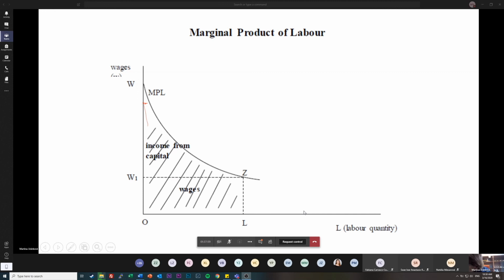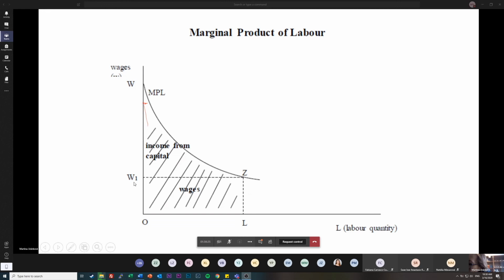This is the first thing I would like to recognize. According to the marginal product of labor, at the point Z, they will have the W1 wage rate.